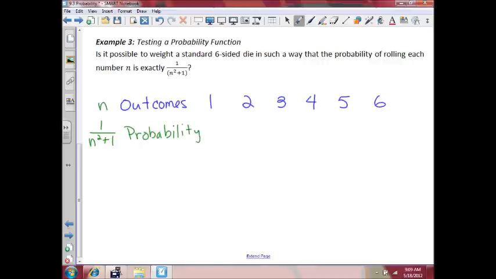If we put 1 in there, 1 squared plus 1 is 2, so 1 divided by 2. And then 2 squared is 4, 2 squared plus 1 is 5, so this will be 1 over 5. And then we'll have 1 over 10, 1 over 17, 1 over 26, and then 1 over 37.